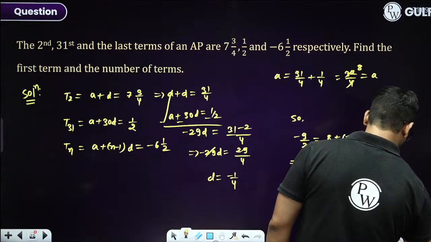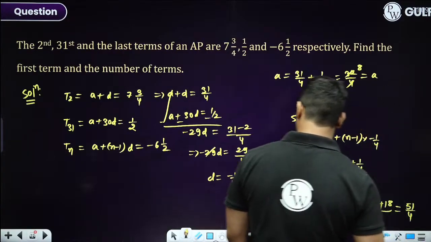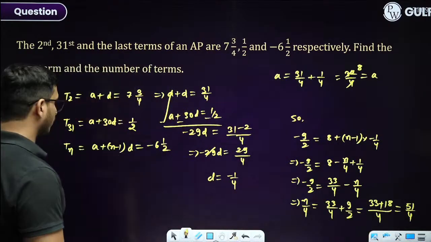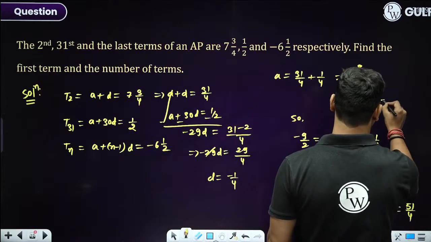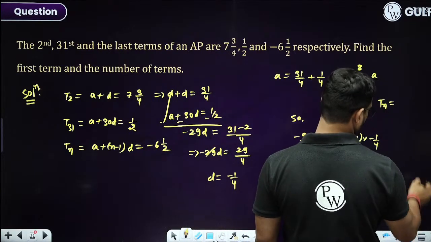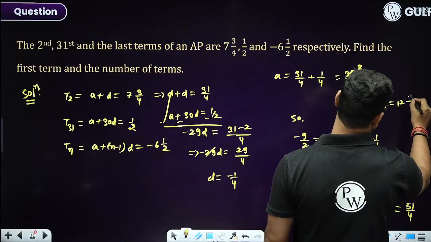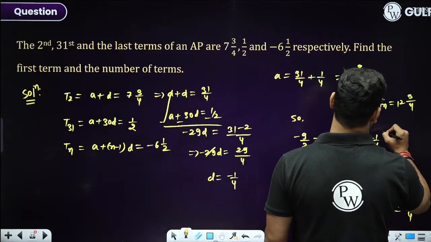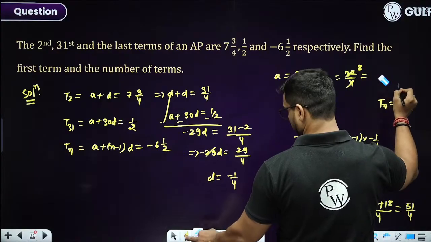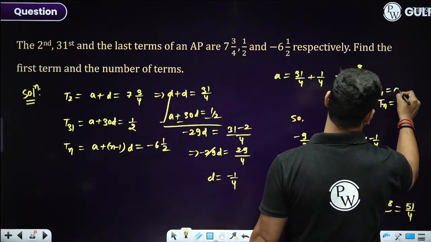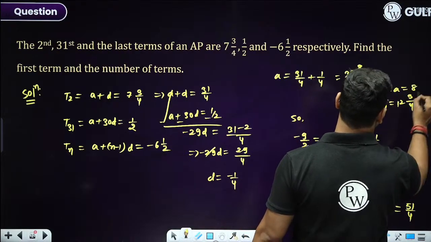Yes, 51 by 4. So the last term is 51 by 4. 51 means Tn, that is the last term. 12 3 by 4. Okay, and first term is A. First term is 8. T1, that is the first term, that is 8. Answer.